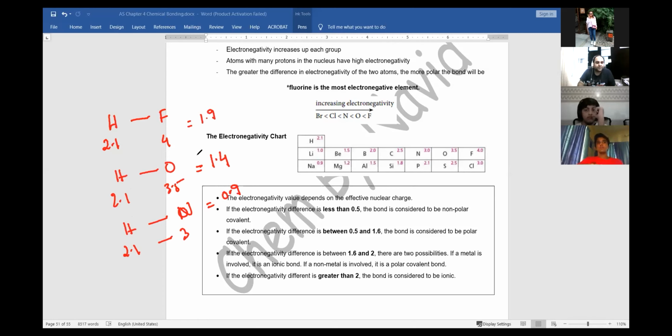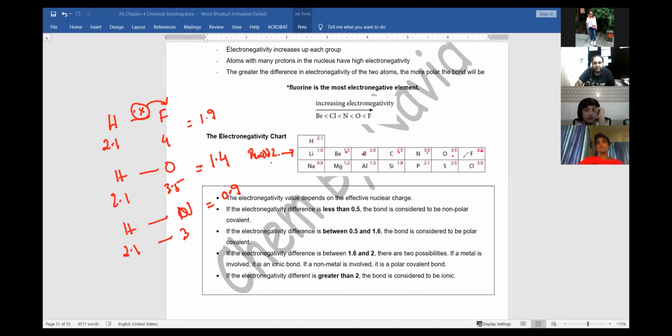Another measure is that they all have only 2 shells. So obviously it can pull the electrons. It can pull electrons very strongly. Lithium, beryllium, boron, carbon, nitrogen, oxygen, fluorine, they all belong to which period? Period 2.